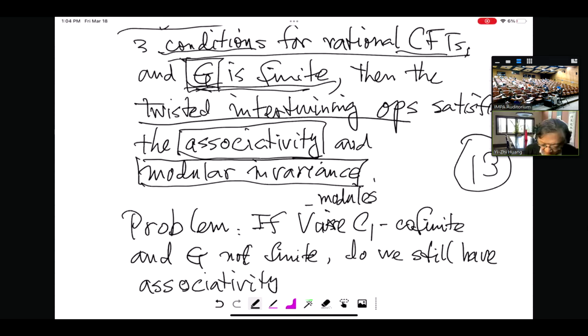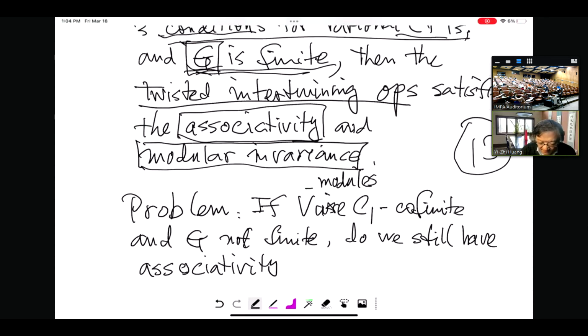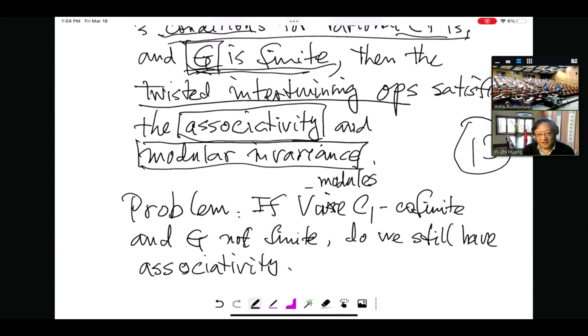So this is a problem, and I myself think that for the most general type of group, for finite group this probably is true, but for non-finite, I think we probably need some kind of extra condition.